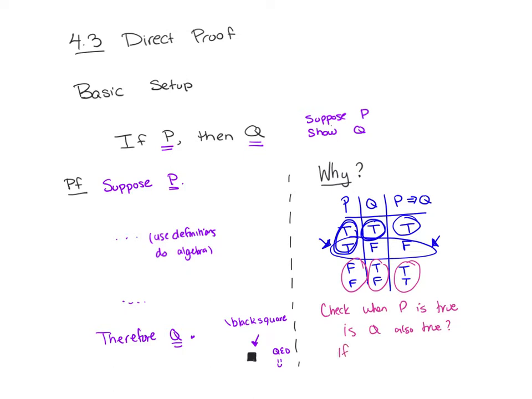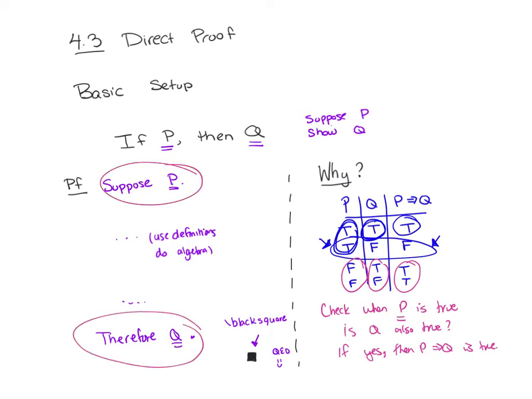If yes, if whenever P is true, Q is true, then P implies Q is true. So all we need to do is suppose or assume P and show Q. Assume P, show Q.